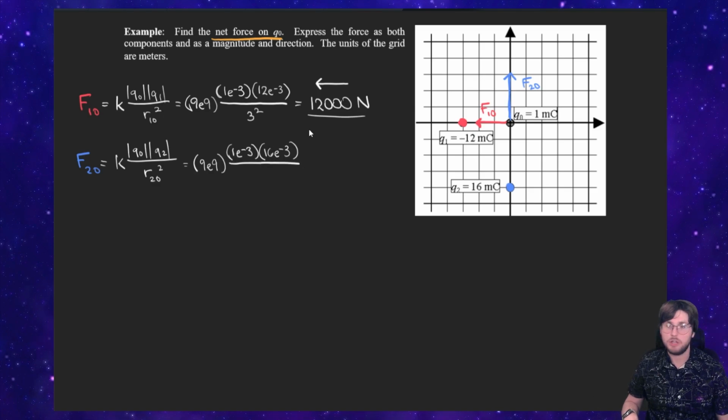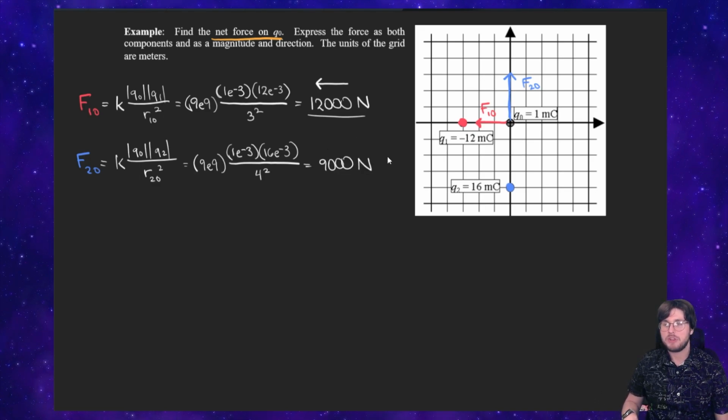Then we're going to divide all of that by the distance between these squared. So 1, 2, 3, 4 meters squared. Evaluating this, the force between Q0 and Q2 is going to be about 9,000 newtons. And again, we denoted that this force is acting upwards, so I'll just go ahead and put an up arrow there, just for solidarity. All right, and so we've gotten our components.